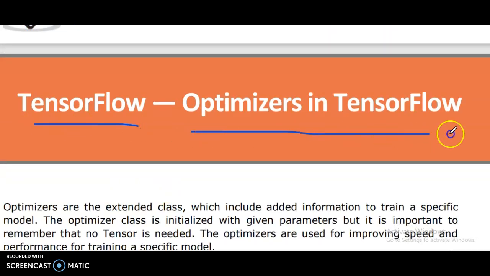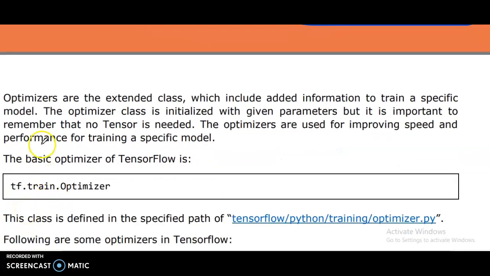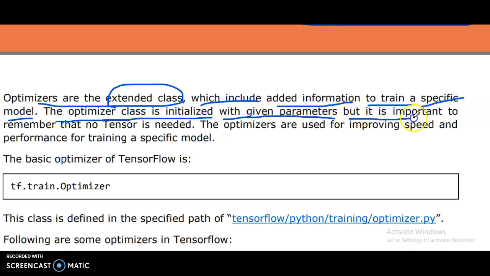TensorFlow optimizers in TensorFlow, next chapter. Optimizers are an extended class which include added information to train a specific model. The optimizer class is initialized with given parameters, but it is important to remember that no tensor is needed.